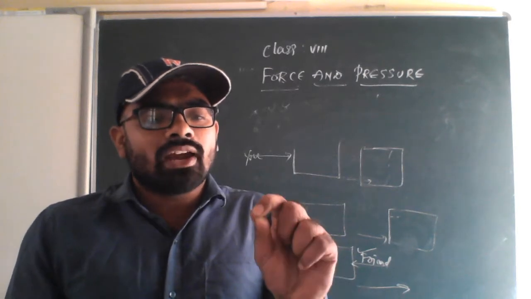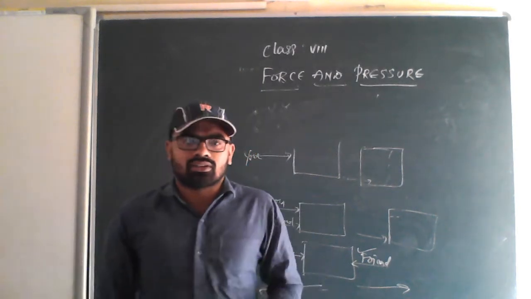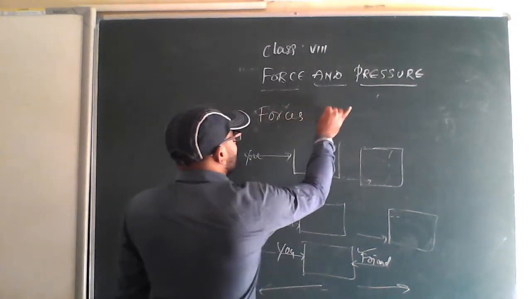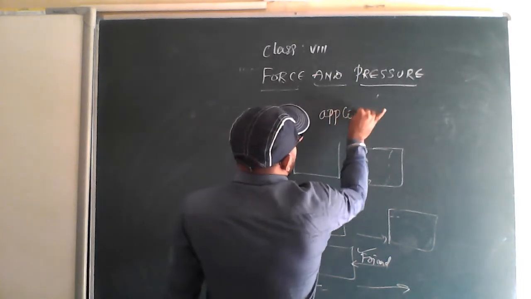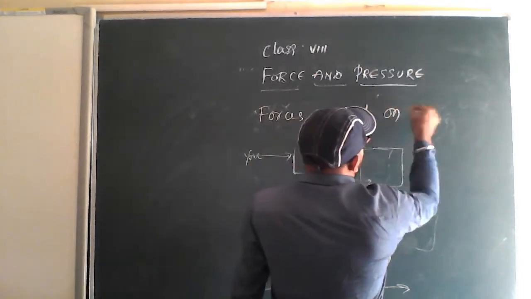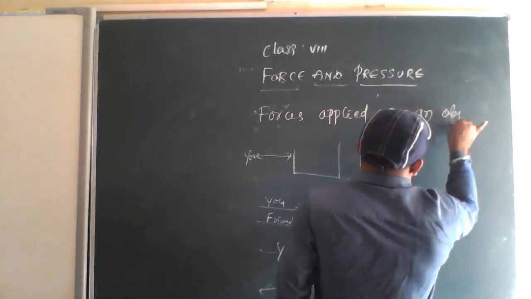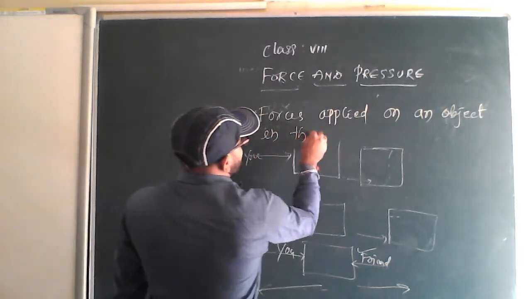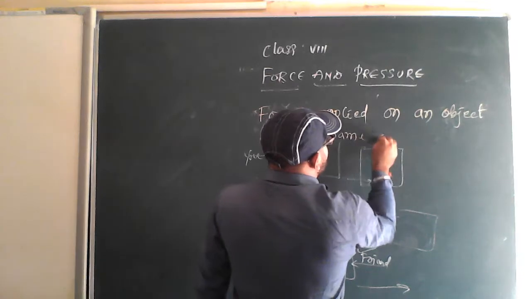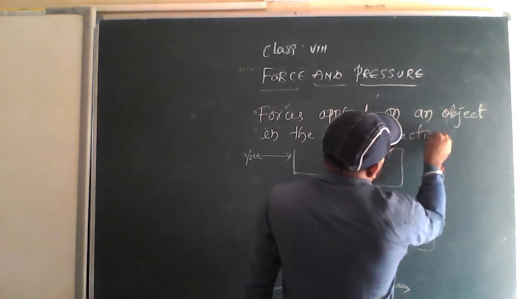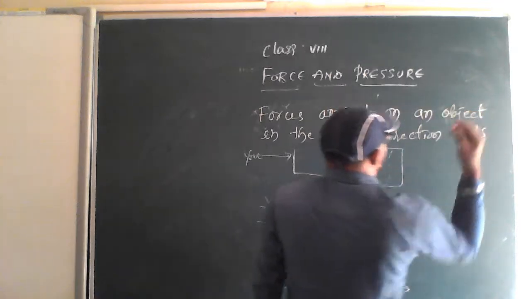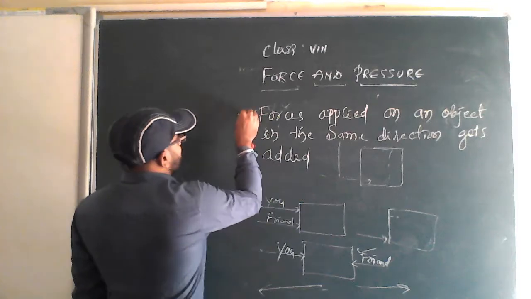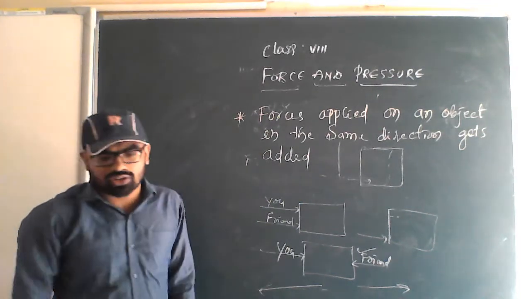So forces applied on an object in the same direction add to one another. Two points are very important: forces applied on an object in the same direction get added together.